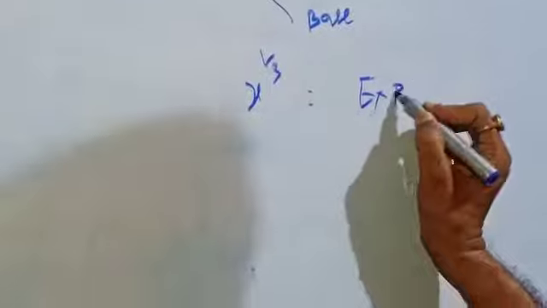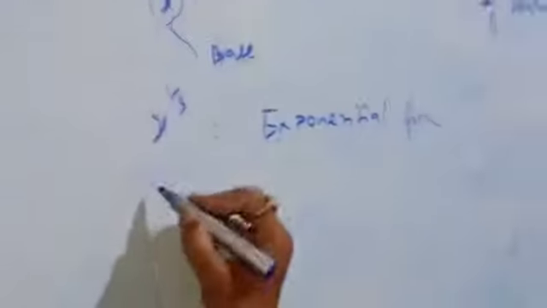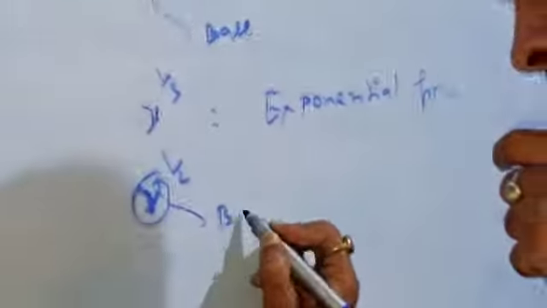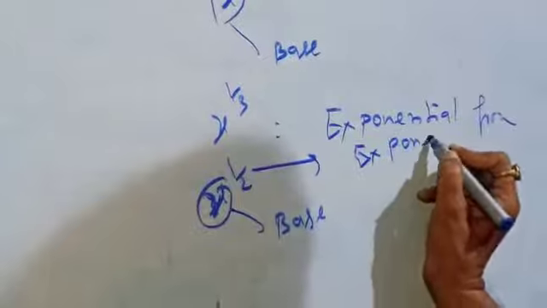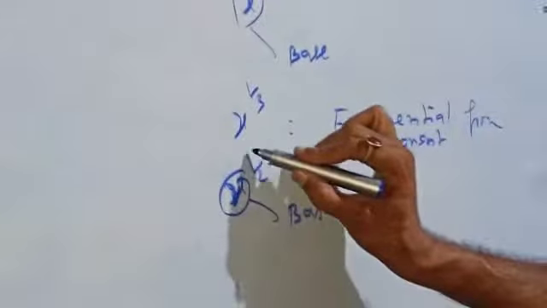This is exponential form. When x to the power 1 by 2, this x is the base, and this top is the exponent. Clear? So this power form is the exponent.